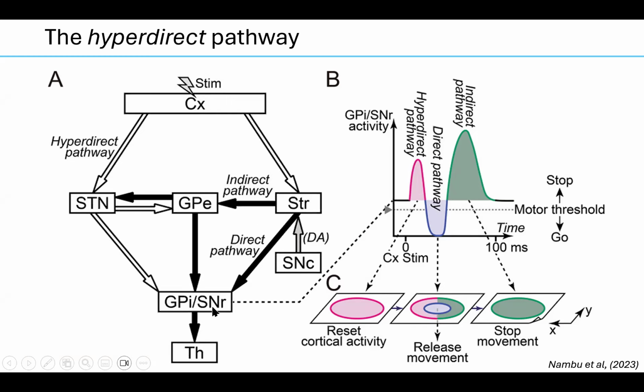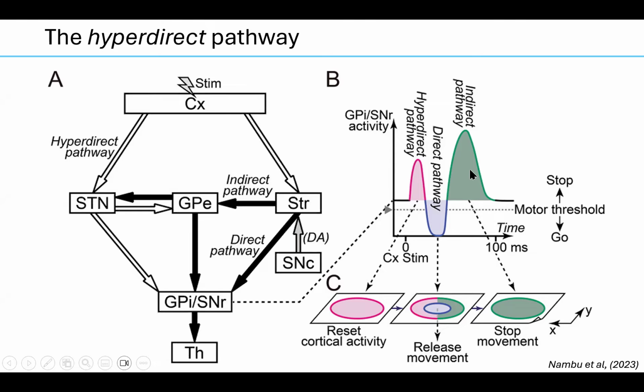this triphasic response. So you have the first excitation via the hyperdirect pathway, then you have the inhibition because of the direct pathway that inhibits directly the SNr, and then the indirect pathway kicks in and gives an increase of activity because of the disinhibition.